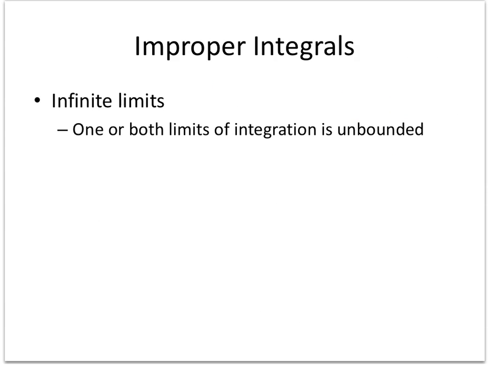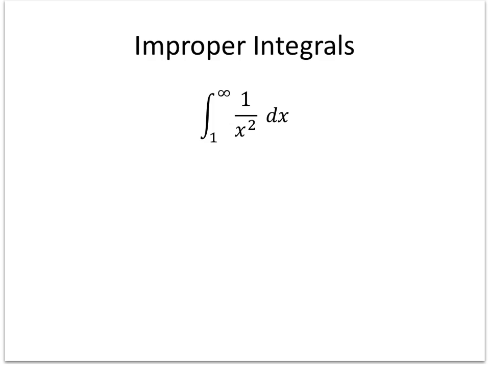Now if we had something with infinite limits, either one or both of the limits of integration is unbounded, meaning we might have something that is going to infinity, well, what we could do is rewrite this. So let me first rewrite this as x to the minus 2 so we can see how to find the antiderivative.